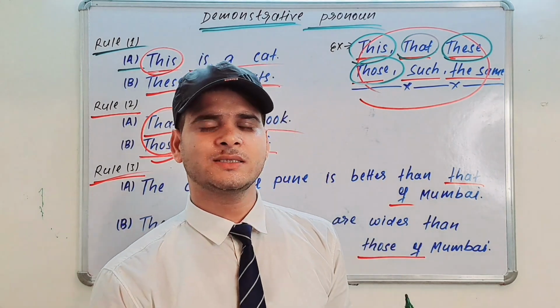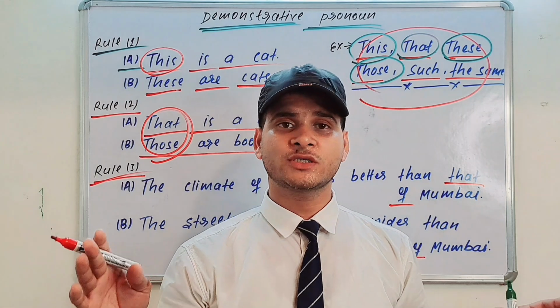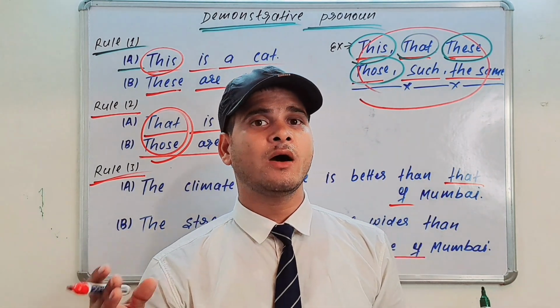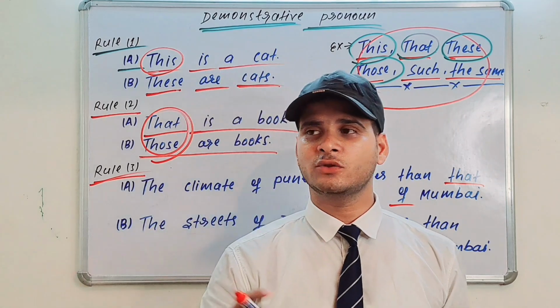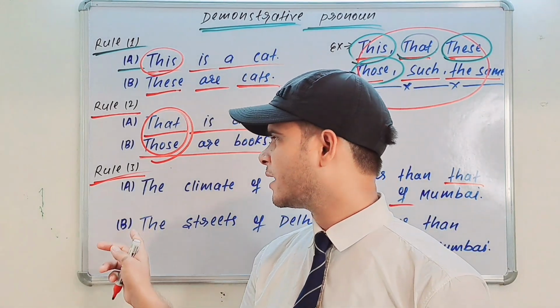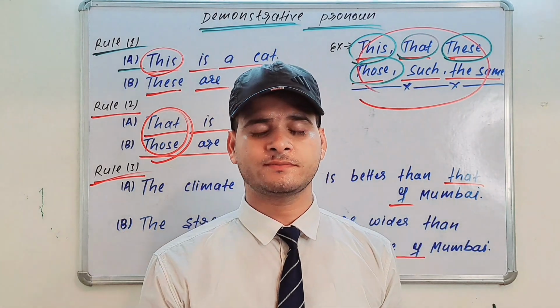This is the third rule, used for demonstrative pronouns: that of and those of. How can we use that of and those of in a sentence? I have written two sentences, A and B, for rule three.